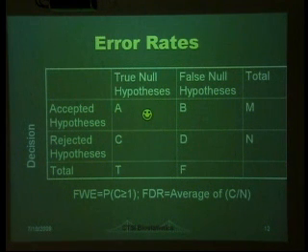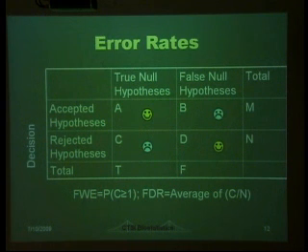B is the number of false null hypotheses out of all that you're testing that you accepted. So that would be a bad decision, and so forth. So you get the same kind of idea here. A and D are the number of hypotheses in those two good decision situations, and B and C are your two bad decisions, the number of hypotheses that you're making bad decisions about.